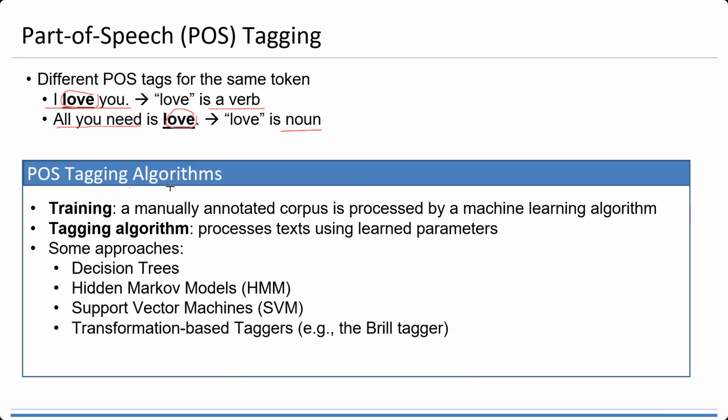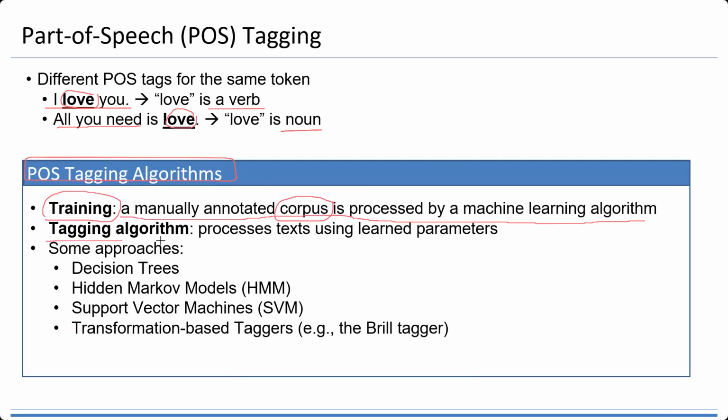There are many algorithms to do the POS tagging. Okay? So you need to do the training. The training is a manually annotated corpus processed by a machine learning algorithm. So there are many algorithms that you can use, and they already have the corpus. We call it corpus.